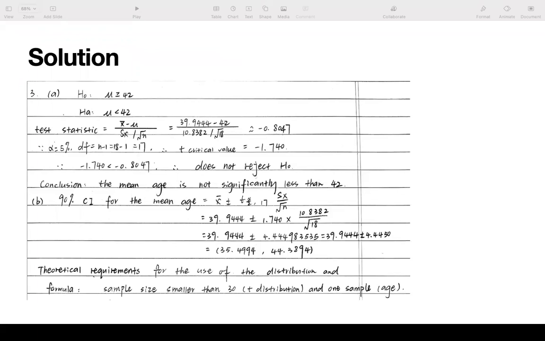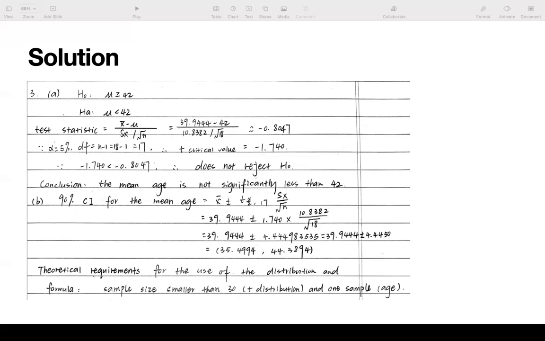Now I will talk about the solutions for part 2. For the first question, we are asked to test at the 5% level whether the mean age is significantly less than 42. So we write the null hypothesis as mu is larger than or equal to 42, and the alternative as mu is smaller than 42. We plug in values for the test statistic, x bar minus mu divided by sx divided by square root of n, which is approximately minus 0.8047.